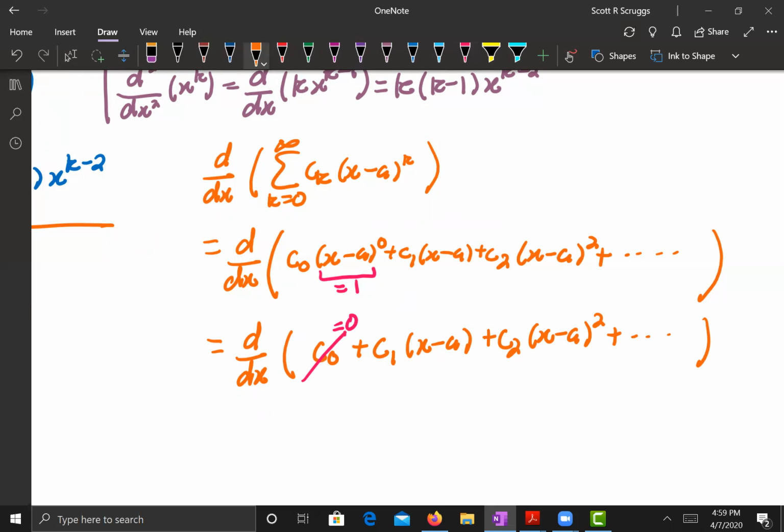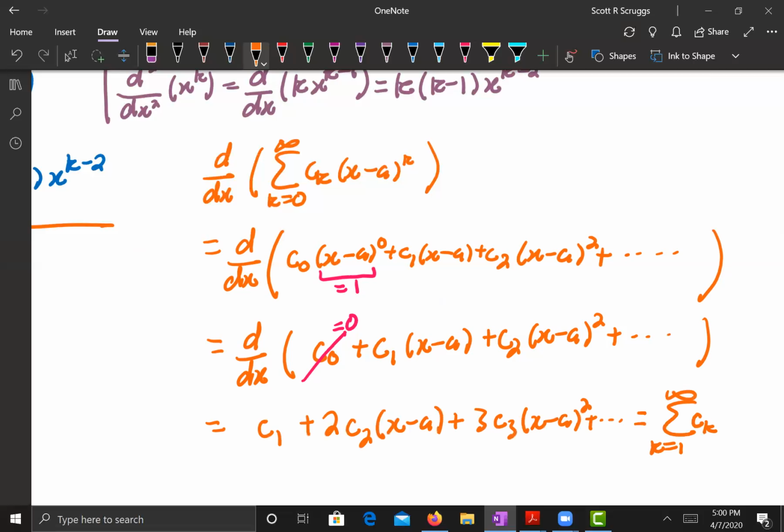Meaning, after I take the derivative of all of this term by term, and that's exactly right, Unique, I now start at the next one, which will be C1 plus 2 times C2 times x minus a, plus 3 times C3 times x minus a squared, and so on, which is why we have our formula for the derivative to be the sum of Ck times k times x minus a to the k minus 1 power.